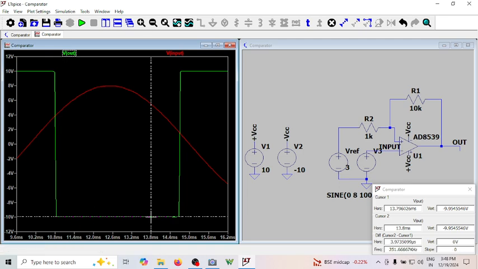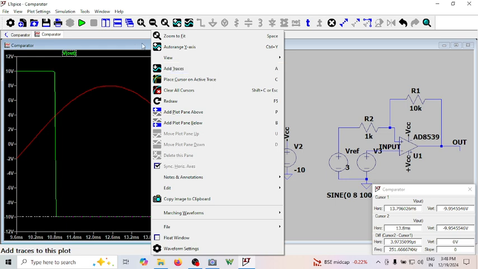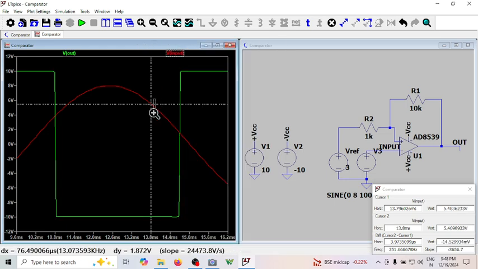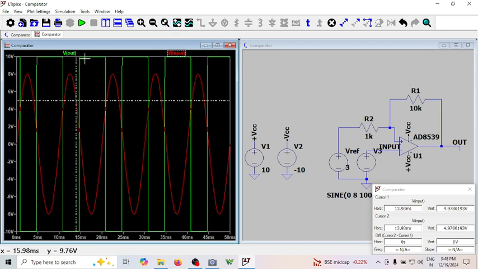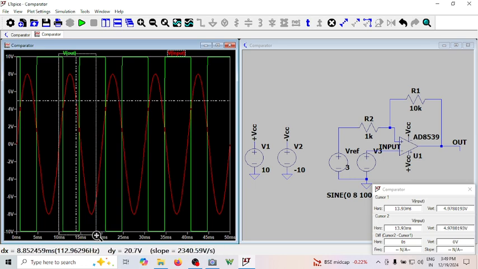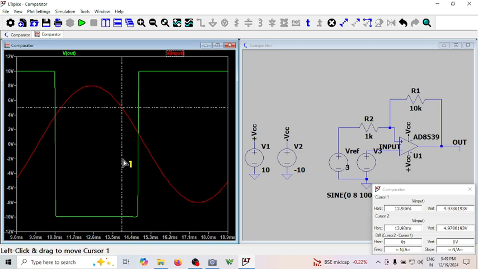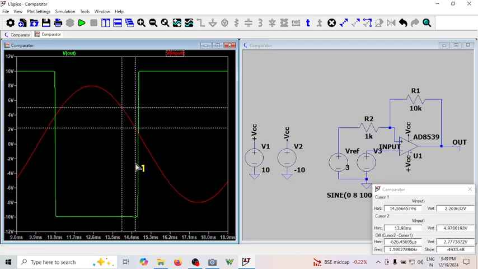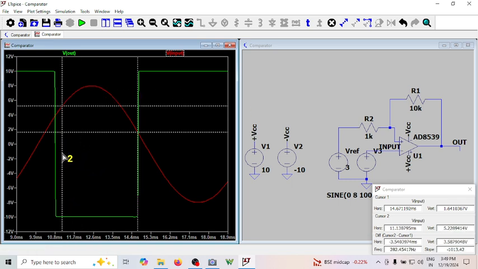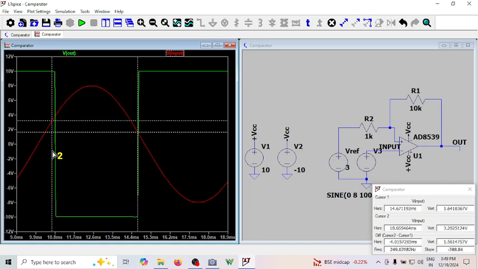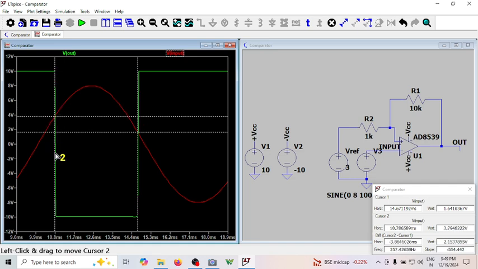I need to move it on the input. Let me zoom only this portion. This first one corresponds to transition from minus to plus. This second one corresponds to transition from plus to minus. So the second one is VTH.